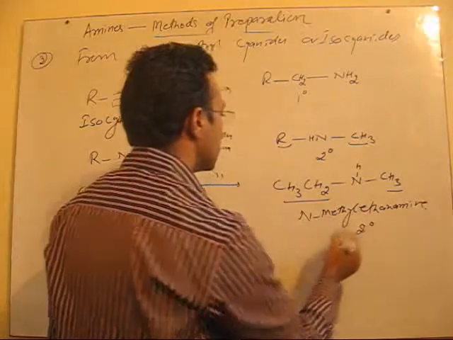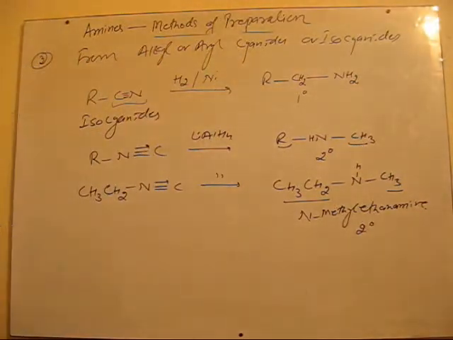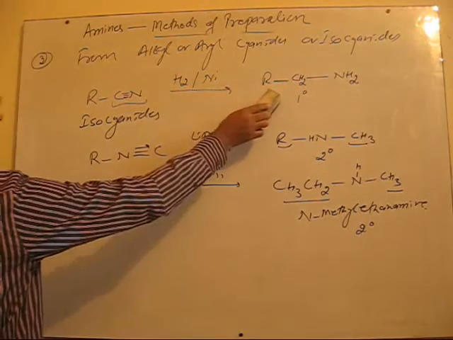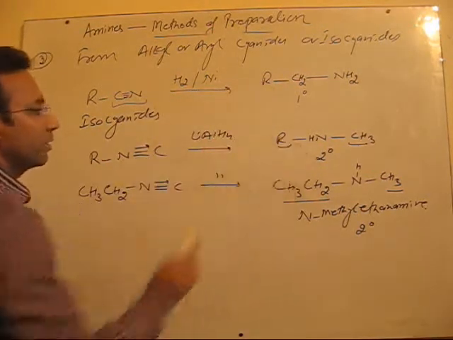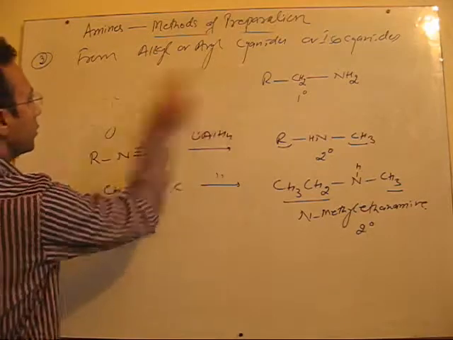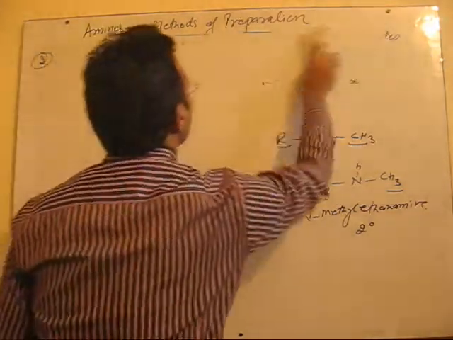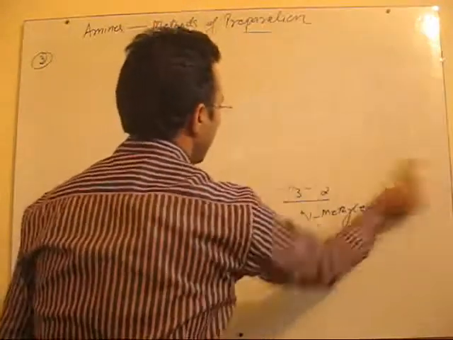Fine. And we know this is a secondary amine. Fine. So this is how by using cyanides we will prepare primary amines, and by using isocyanides you can reach up to secondary amines. Fine. So this is one method of preparation of amines by cyanides and by isocyanides.